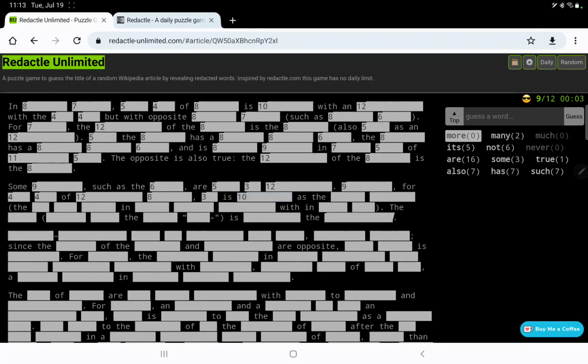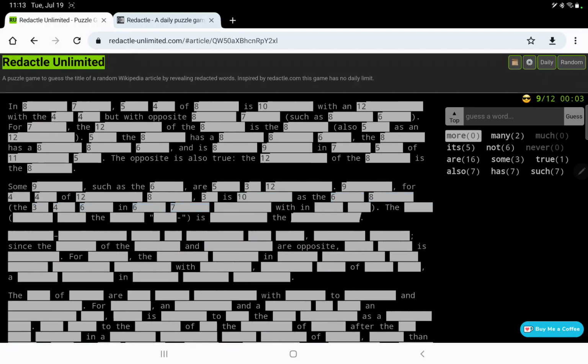Within. So that's funny, within is not one word. Within 5, 4. Then we have 7, 5, and then some prefix.